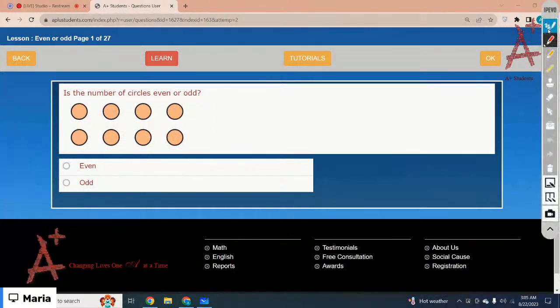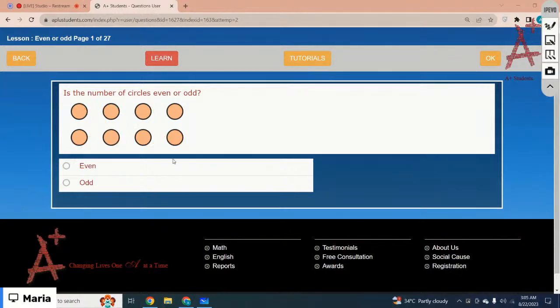You can see they are in the form of pairs. This one, this one, this one, and this one. When you count, they are 8 in numbers, right? 8 is an even number. So the number of circles is even. The correct option is even.